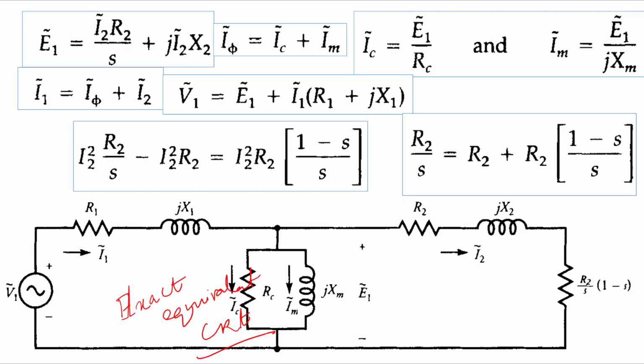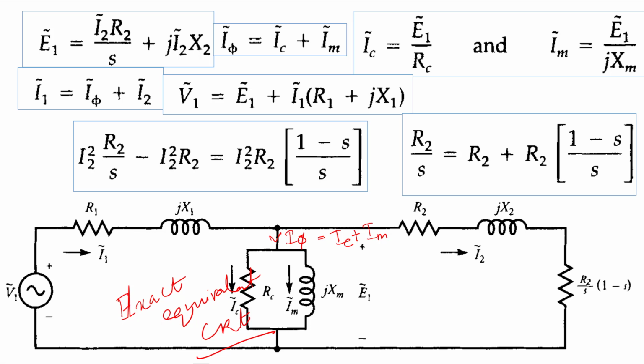So this is your exact equivalent circuit. Now here you can see this current, which we call I phi, the magnetizing or exciting current, right? That is nothing but equal to IC plus IM. This IC is the core loss component of the current, and IM is the magnetizing component of the current, right?